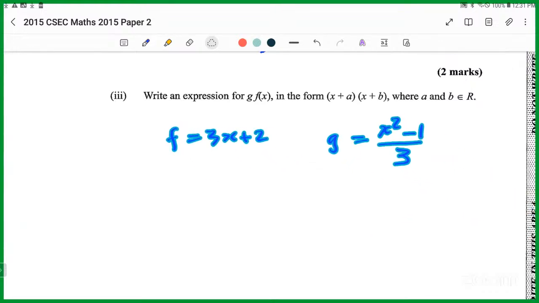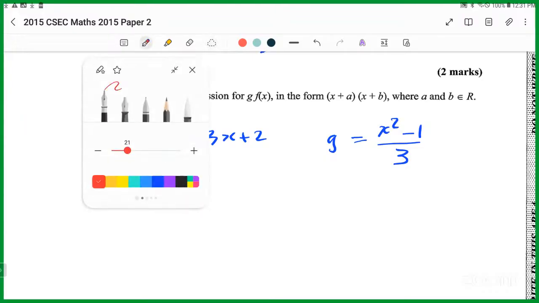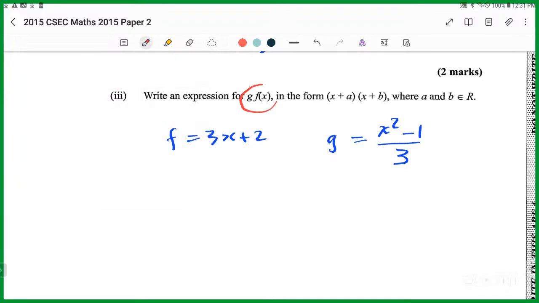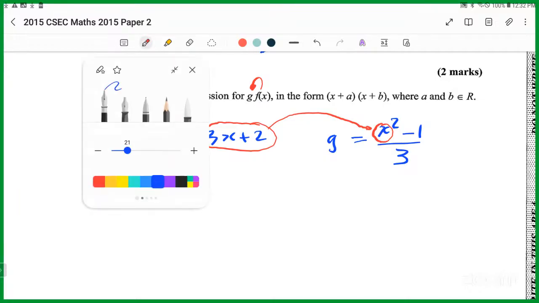And the question is asking us for this thing, which means f into the g. Alright, so we're taking all of the f, bringing it and putting it into the g, where the x is right here. That's how we're going to form a composite function.